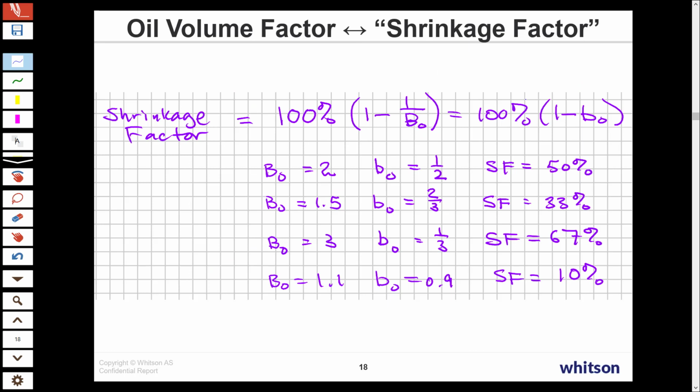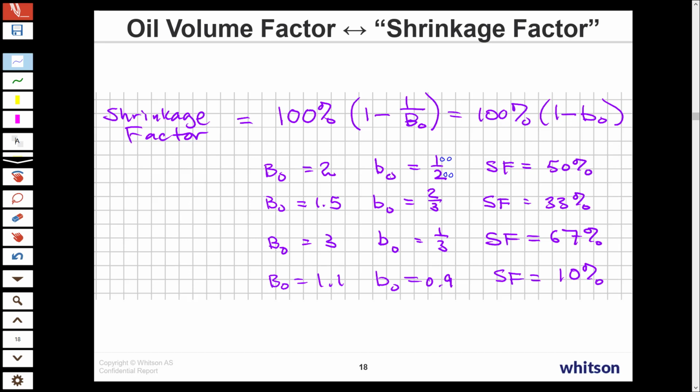Now, the last comment about the oil volume factor is that often we talk about the shrinkage factor. And basically, the shrinkage factor is saying that if you start with 100 barrels at pressure and temperature, and you bring that to the surface and you only have 50 barrels left at the end of the surface process, then you would basically be going from 200 barrels at reservoir conditions to 100 barrels.